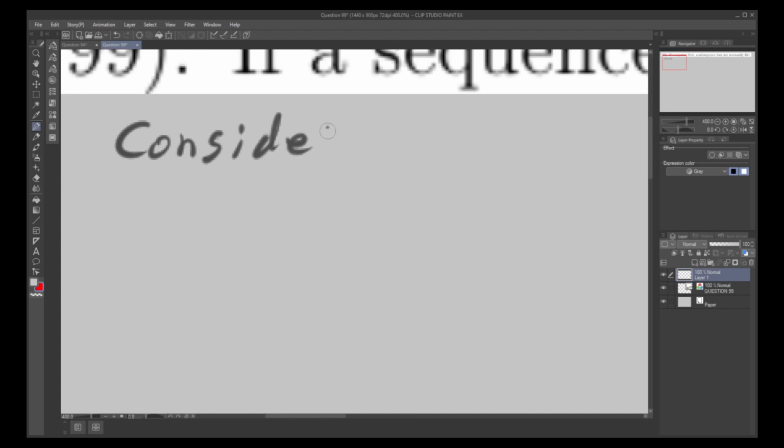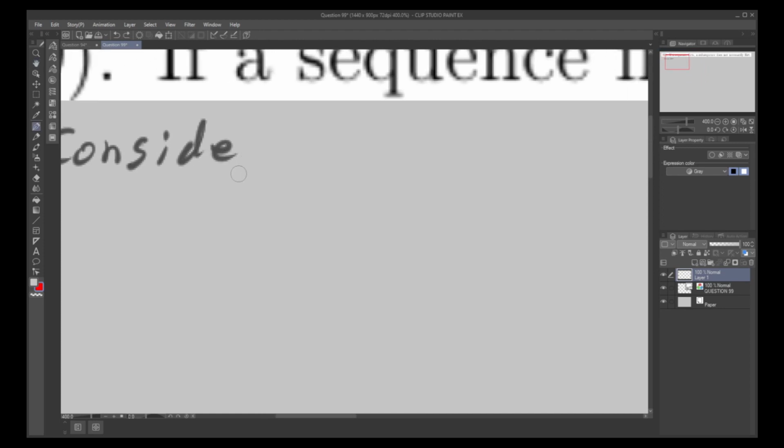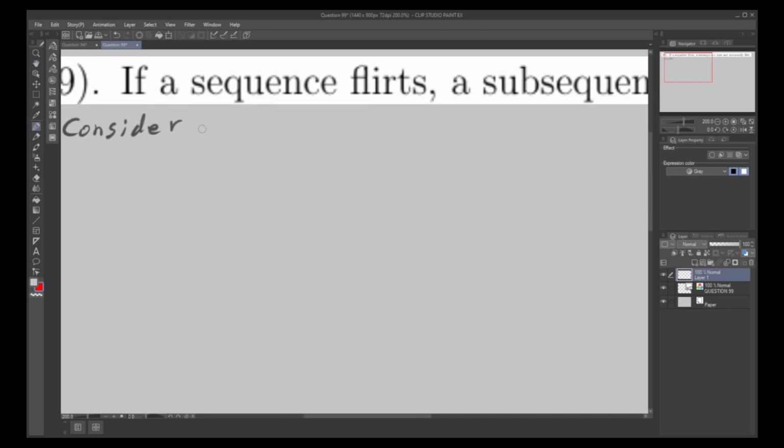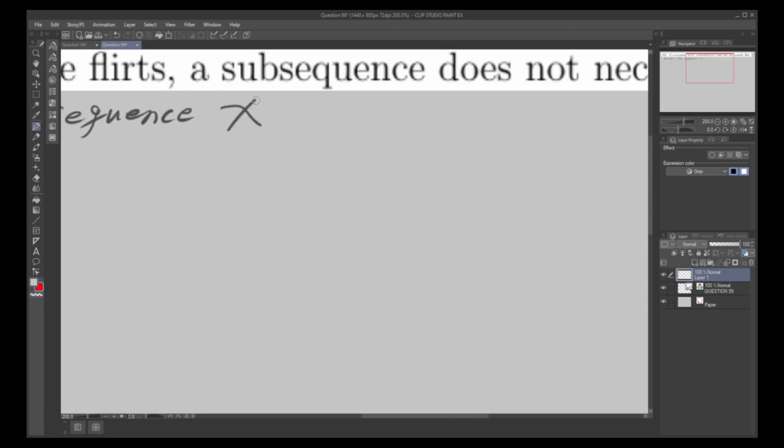Let's consider some sequence x of n where it will always be 1 if n is even, and it will always be 1 over n if n is odd.